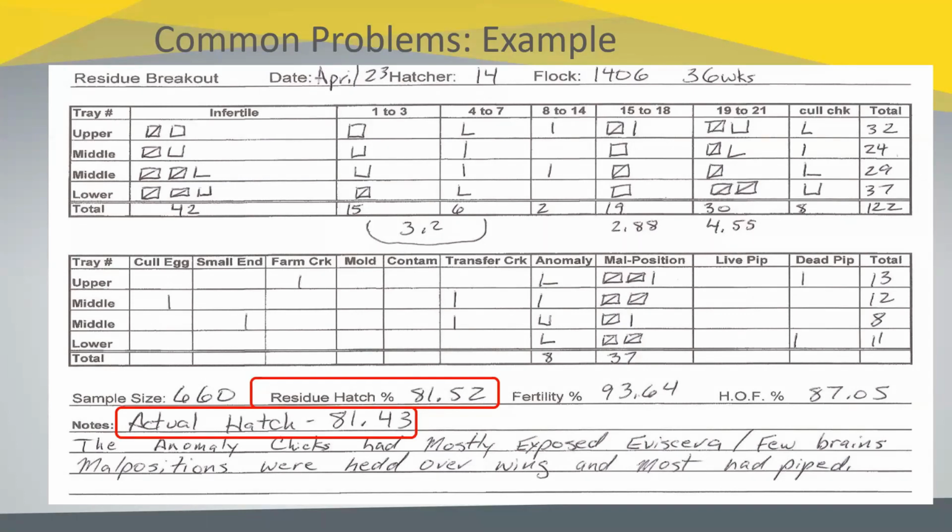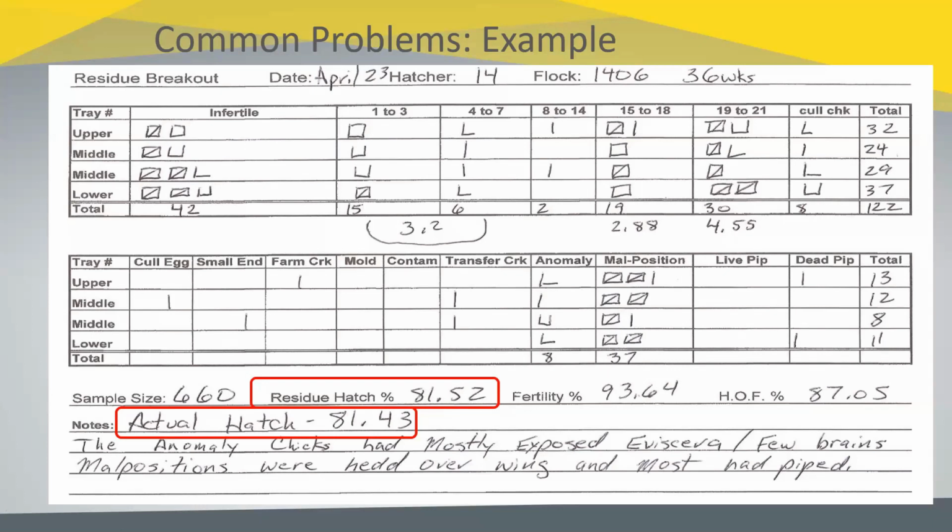If I look at the rest of my notes, I documented that the anomaly chicks had mostly exposed viscera and a few brains. Malpositions were head over wing, and most had pipped. Now, when you recognize that I documented that most had pipped, if you look at the subcategory, you don't see any chicks documented as a live pip, and only two as dead pips. But look at the malpositioning category.